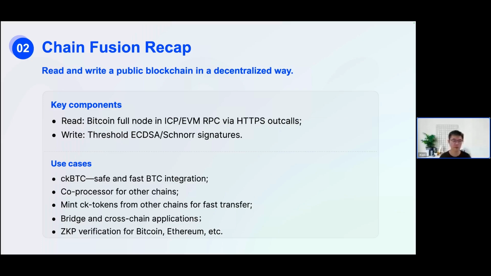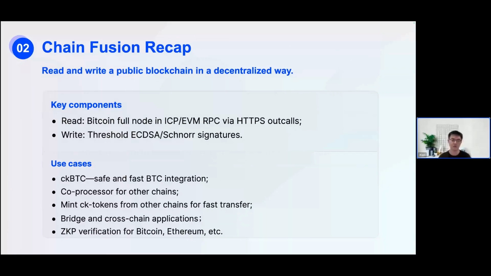When it comes to writing, there's a very unique capability provided by ICP. It allows a threshold signature, specifically ECDSA or Schnorr signature, to be generated at the protocol level, which means the canisters, or smart contracts, can actually generate signatures. The signatures can be for a transaction, a token transfer, or an execution of logic in a smart contract on other chains.